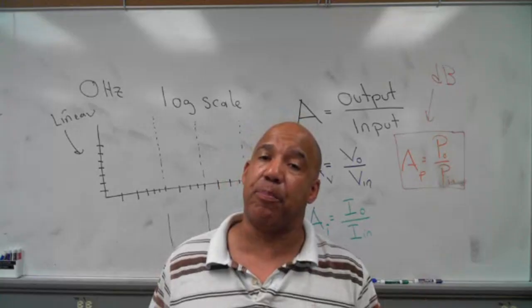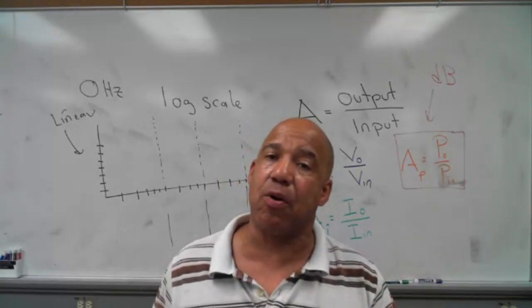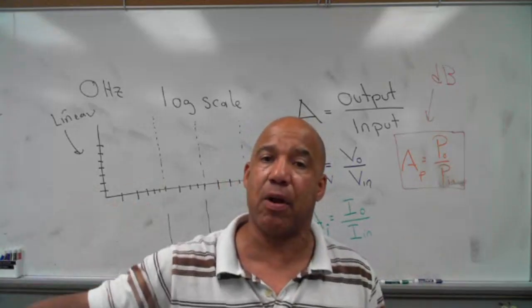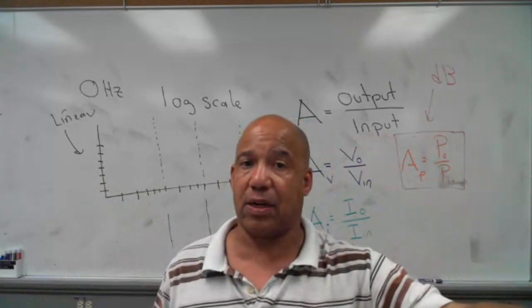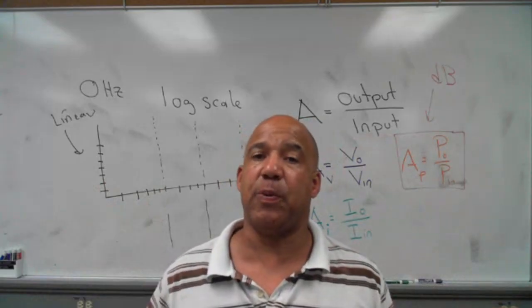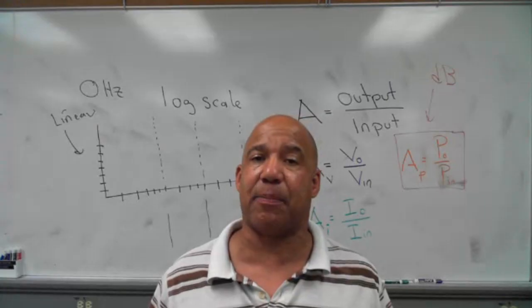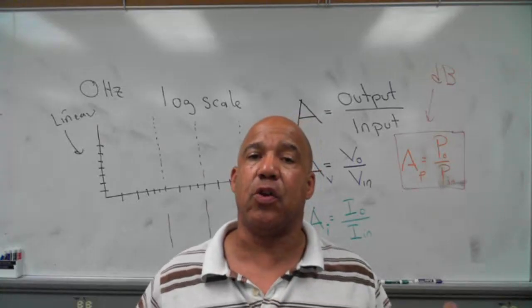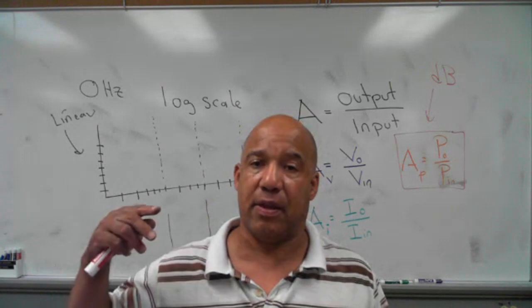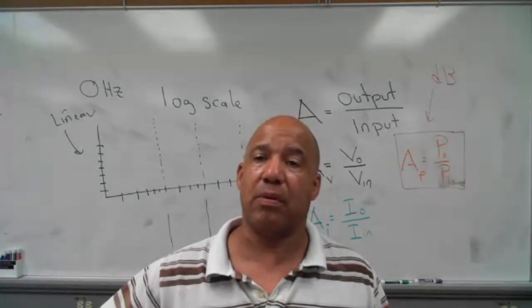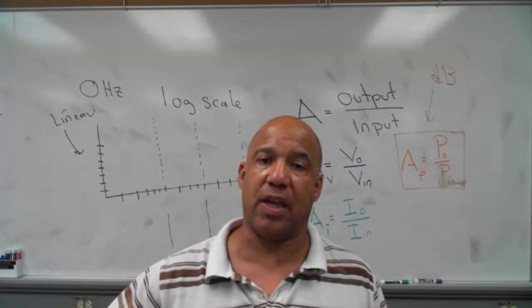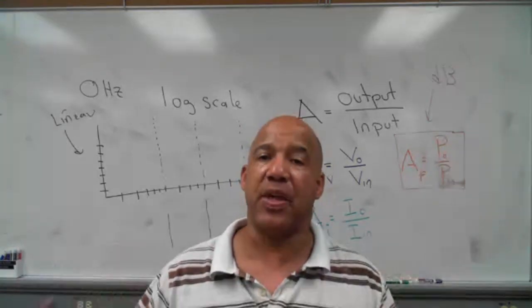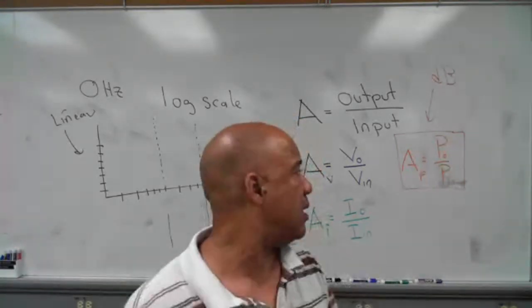True gain means you have an increase in power. I start out with a small amount of power and I get out a large amount of power. So for true amplification to take place, you must have an increase in power. It doesn't matter what the voltage and current are doing. If there's not an increase in power, then you don't have amplification.